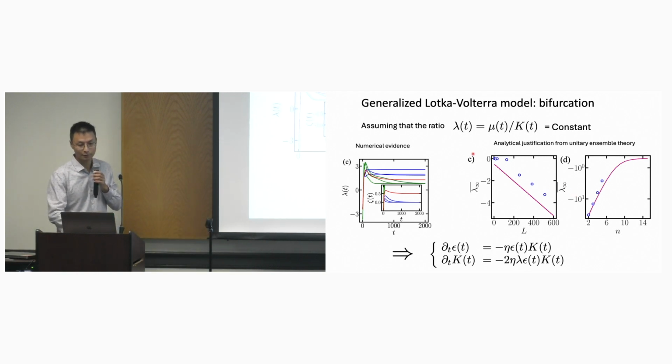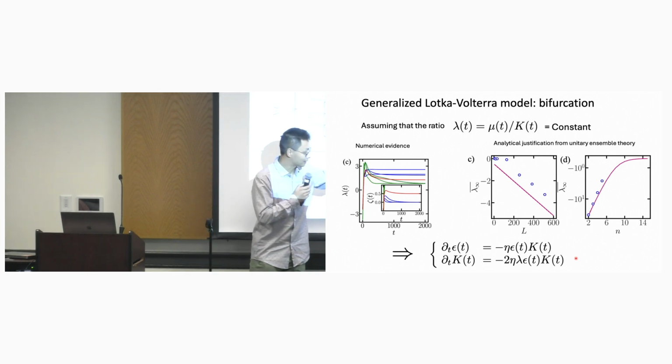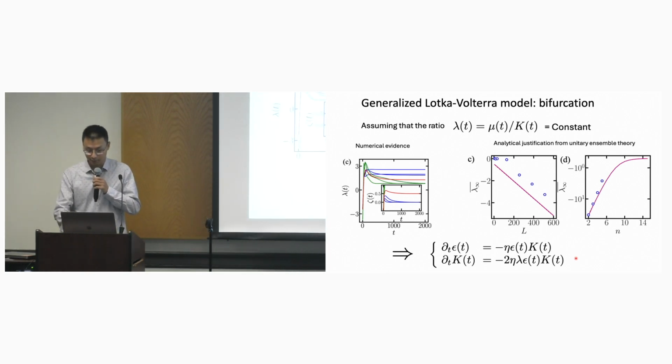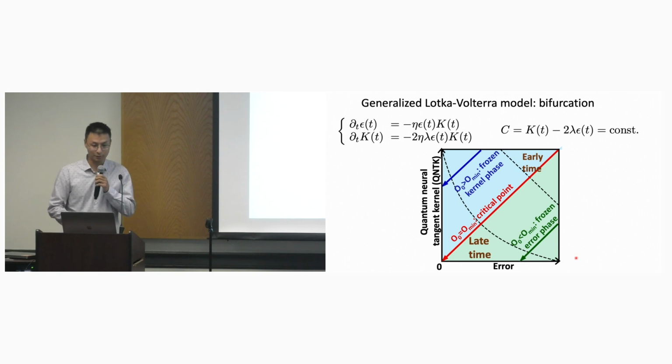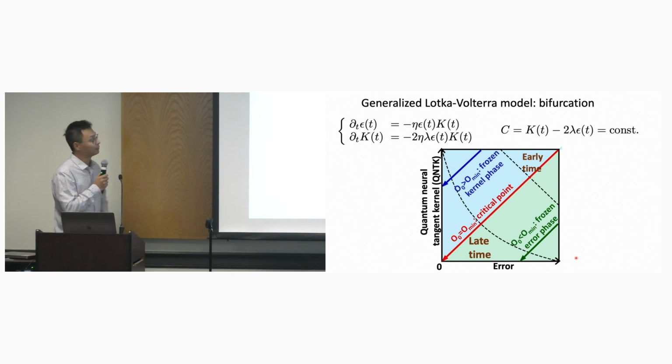So assuming this ratio is constant, this perturbative formula suddenly becomes self-contained. There's an error and there's a kernel, and this is actually a solvable system. This system turns out to be the so-called generalized Lotka-Volterra model, which describes species competition with finite food.